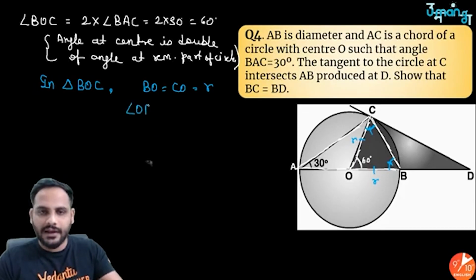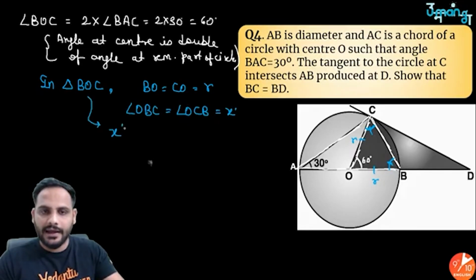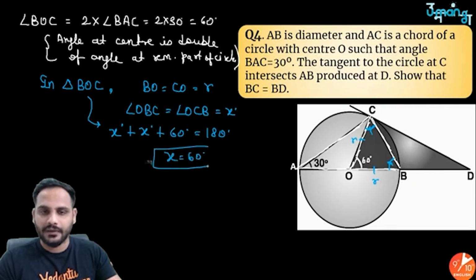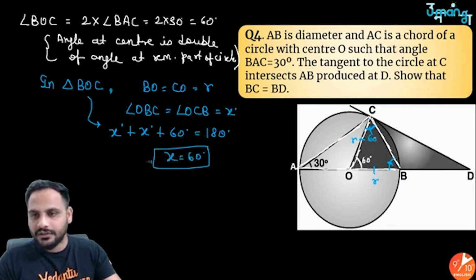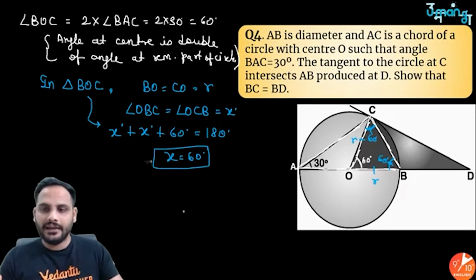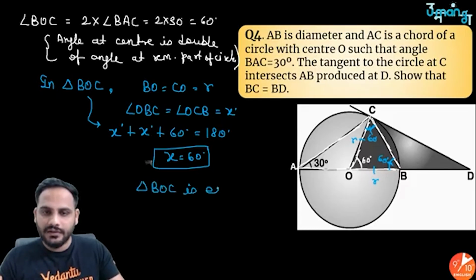So angle OBC is equal to angle OCB, both equal to x degrees. So in triangle BOC, x plus x plus 60 is equal to 180 degrees. You will get 2x is equal to 120, so x is equal to 60 degrees. That means all three angles are equal to 60 degrees. So I can say triangle BOC is an equilateral triangle.